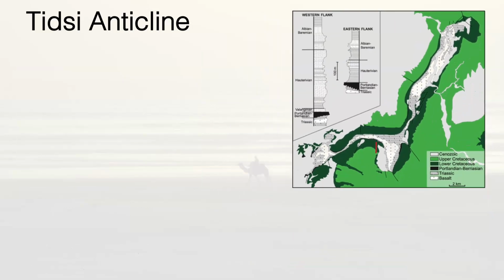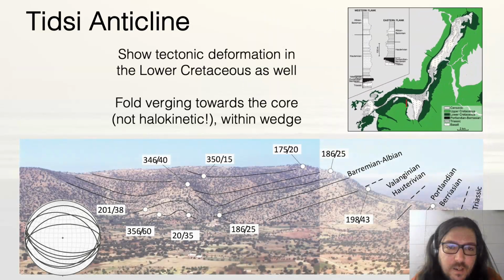But some other tectonic deformation has been shown by Mohamed for the lowest Cretaceous as well. In this case, what we see here is a fold verging towards the core of the anticline, so not allokinetic.